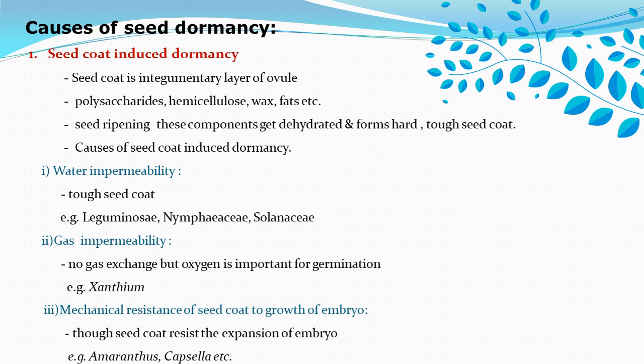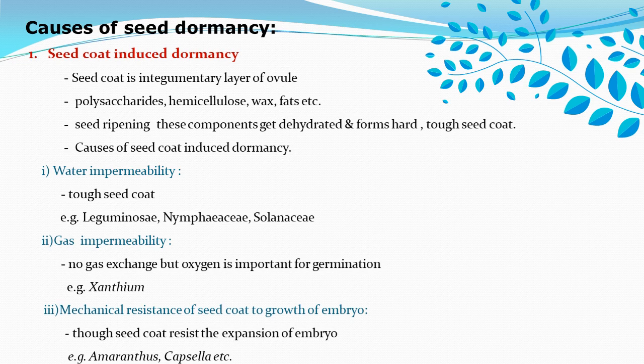Now, this seed coat induced dormancy may be caused in three different ways. The first one is seed coat induced dormancy caused due to water impermeability. Due to the presence of a tough seed coat, the water couldn't enter within the seed. And we know that for the germination of seed, the absorption of water by the seed is very important.